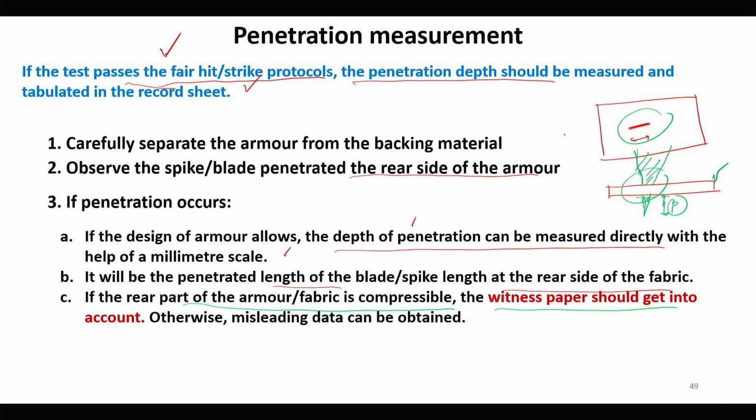So, suppose it is compressible. The actual length of cut is this one, but after the knife is taken out, the armor will reduce the cut length. So, that will give misleading information.